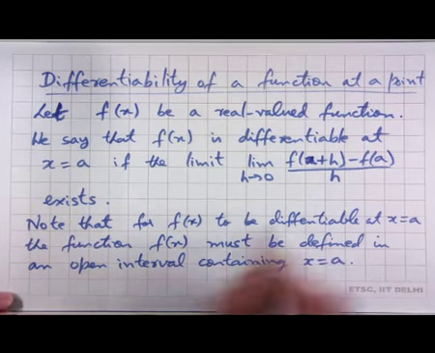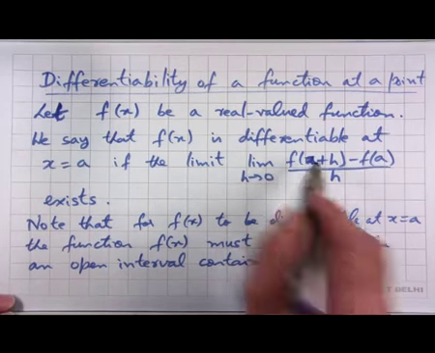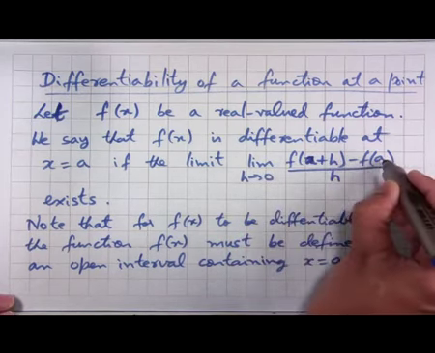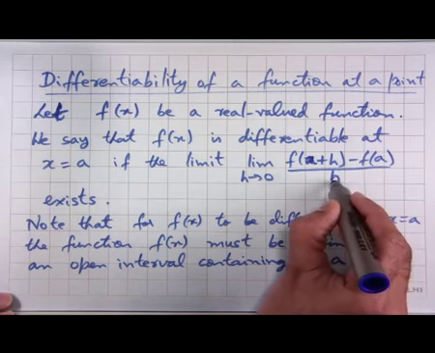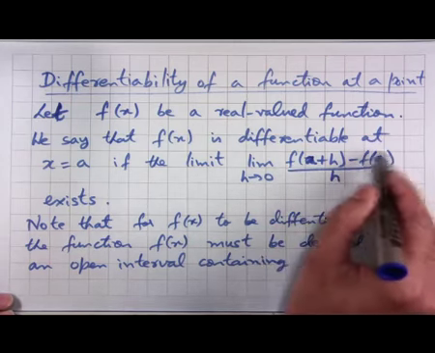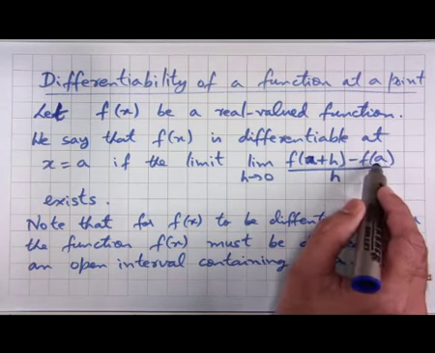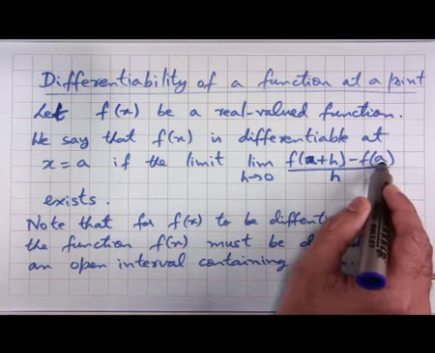This is because we are saying that the limit of f of a plus h minus f of a divided by h should exist. First of all, there is f of a, so f should be defined at x equal to a.